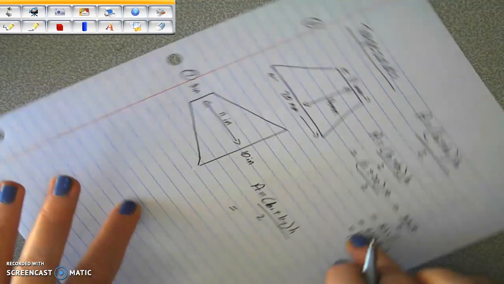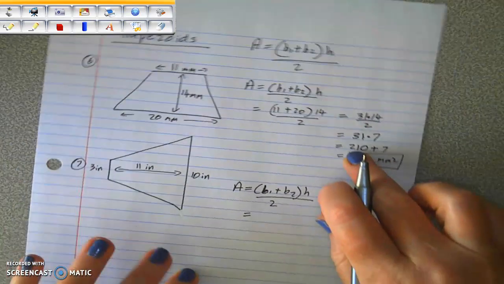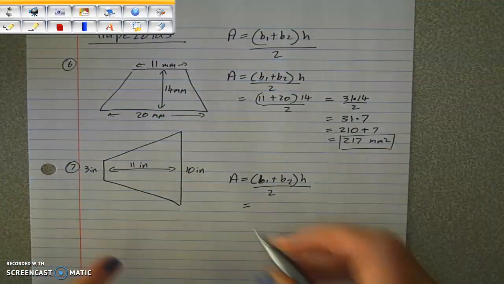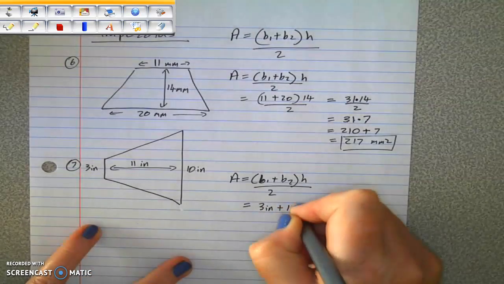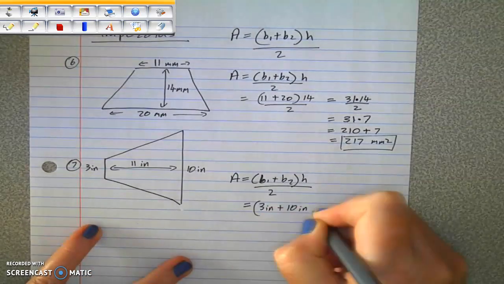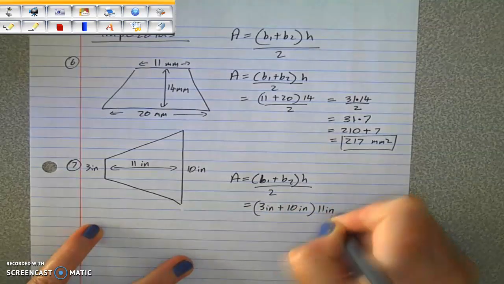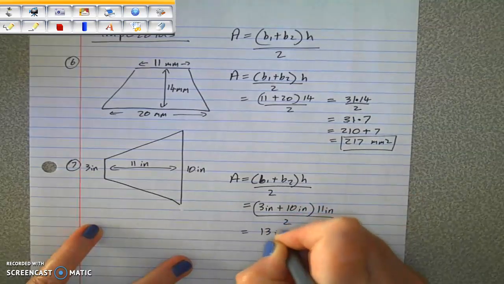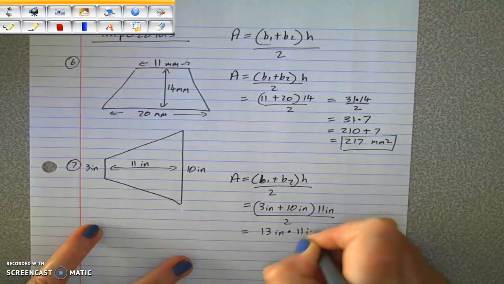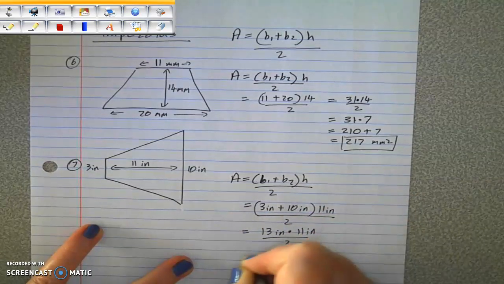So if we go back this way, we have 3 inches plus 10 inches multiplied by 11 inches divided by 2. So it's 13 times 11 divided by 2.